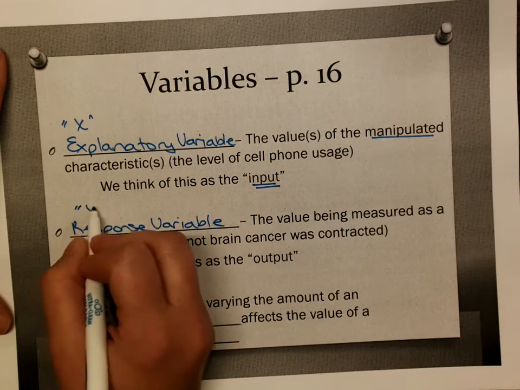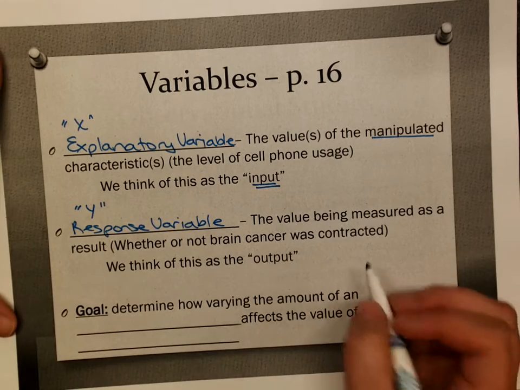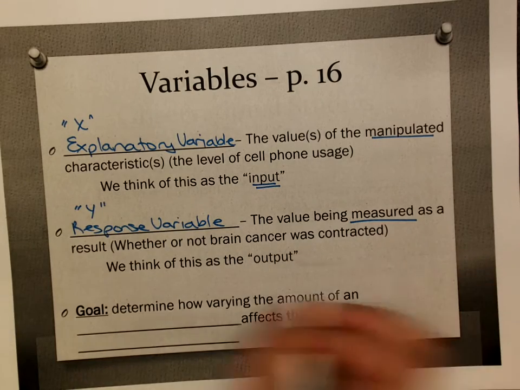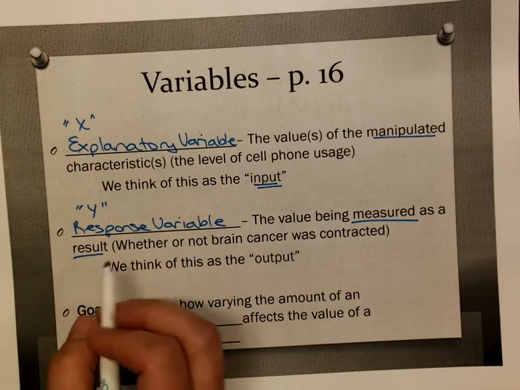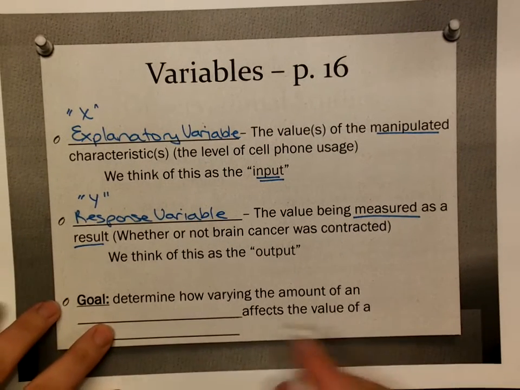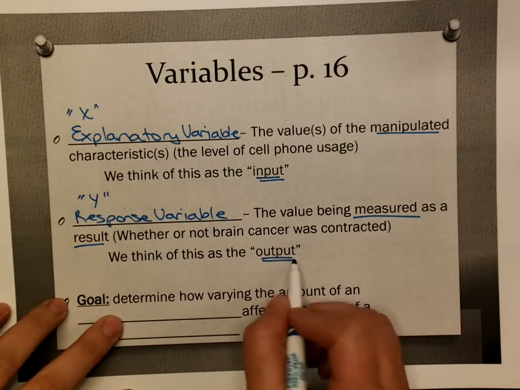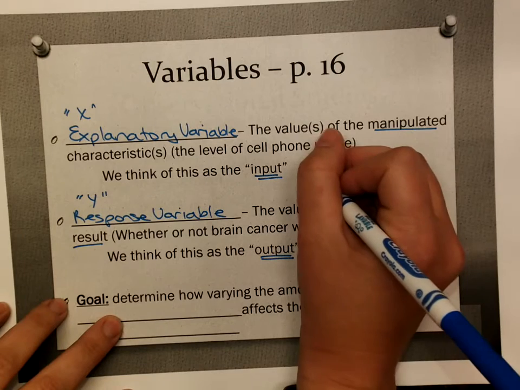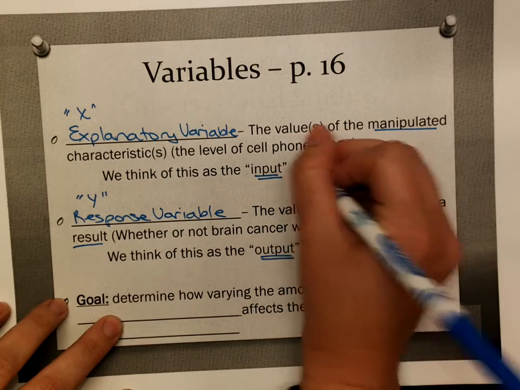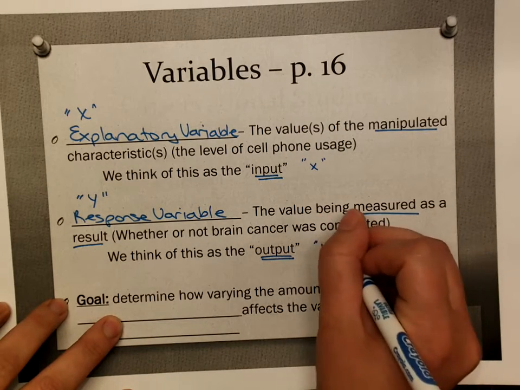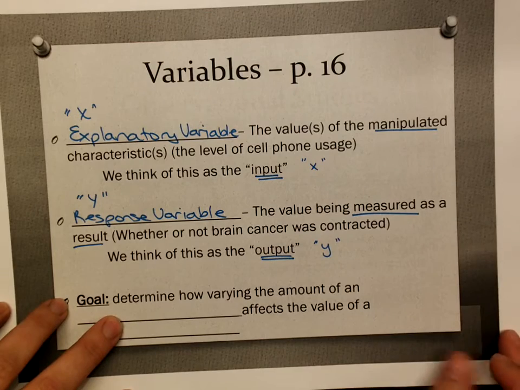And this, in algebra, we call this the y variable. It's the value being measured as a result. So result or response. And I always think of this as the output. So our input is our explanatory variable, or x, and our output is our response variable, or y.